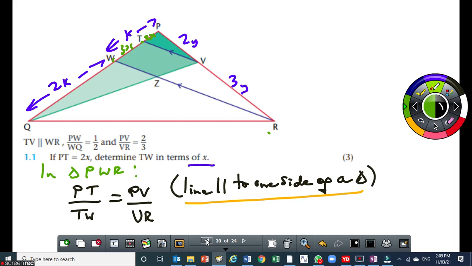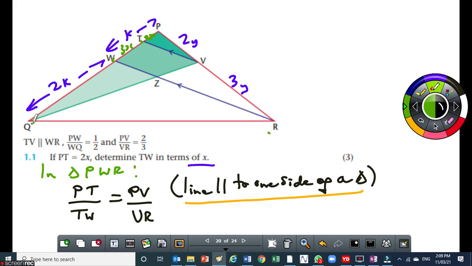Am I right? And also we have this x here as our TP, which means I need to find this length here in terms of x for me to carry on. I need to find it in terms of x because I know that TW is 3x. So I need to find the length of QW in terms of x.